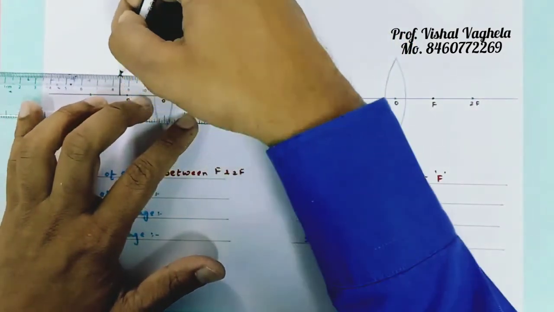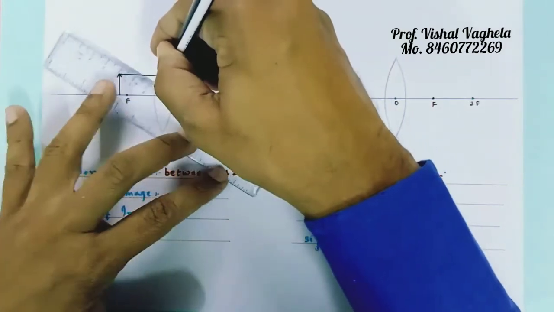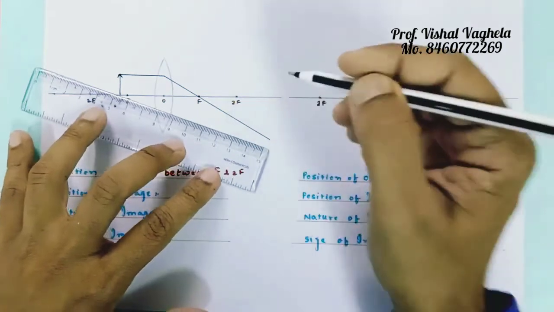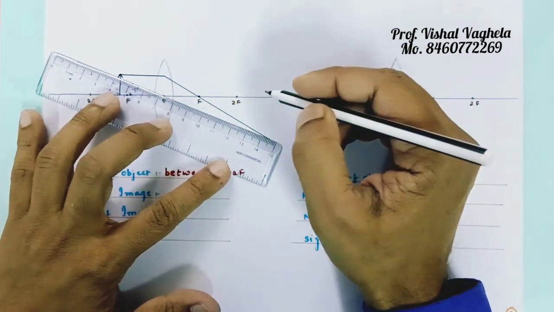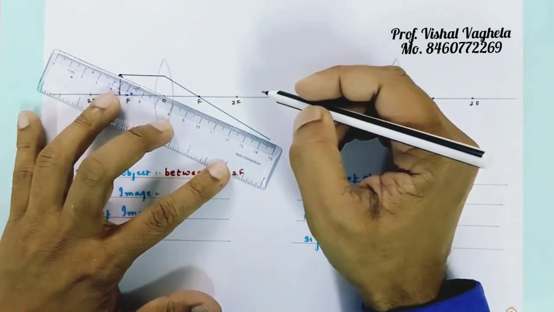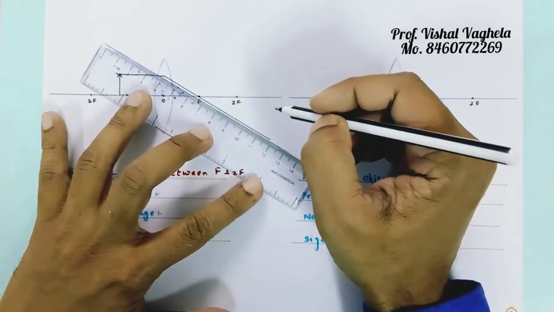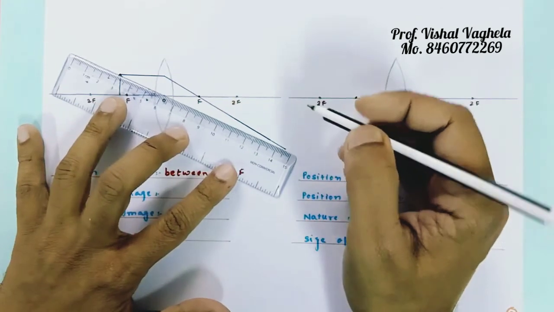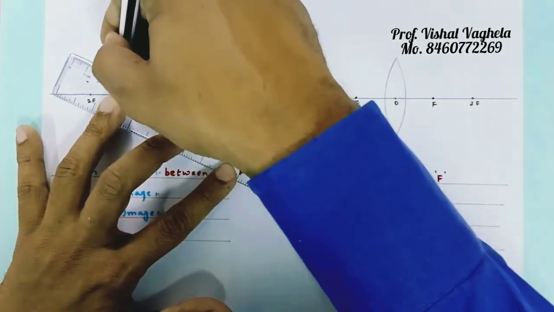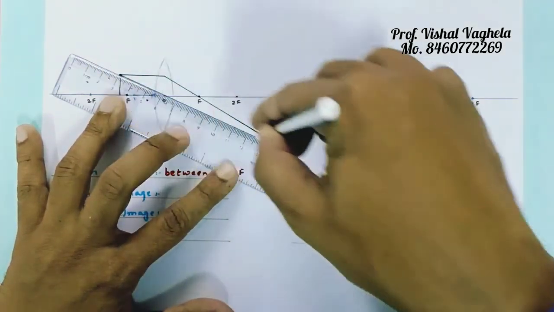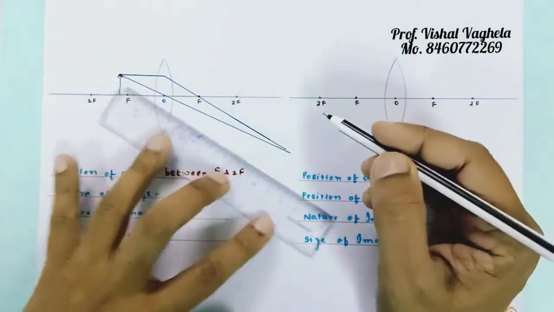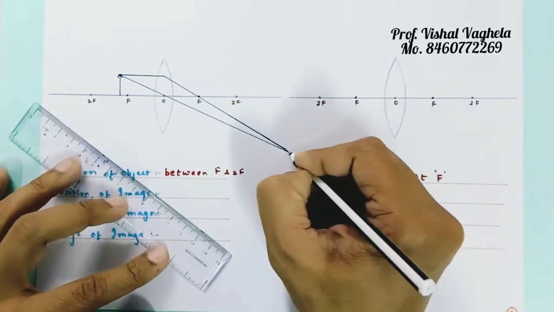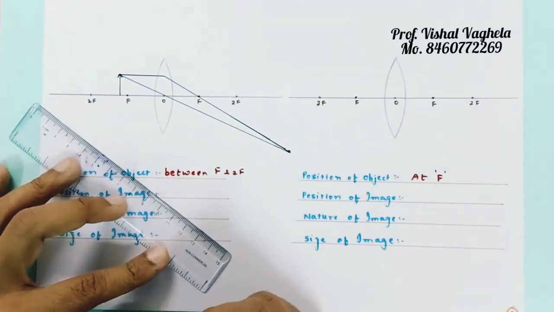First ray parallel, passing through f. Another ray passing through O. I need to extend this a bit. Second ray passing through O goes straight away like this, and as we see, both the rays are meeting over here, correct?